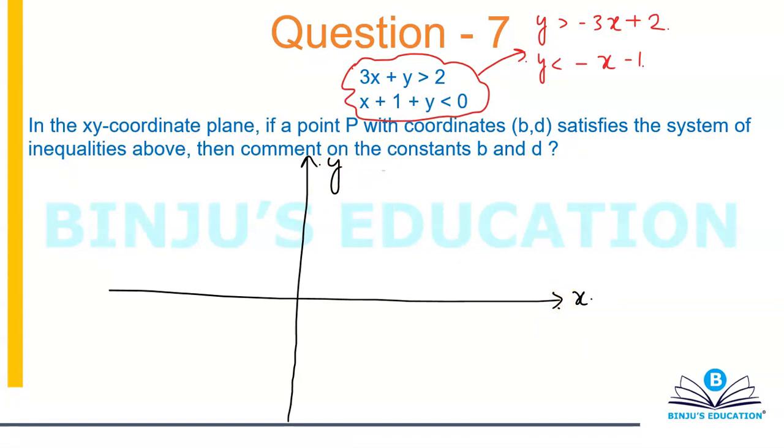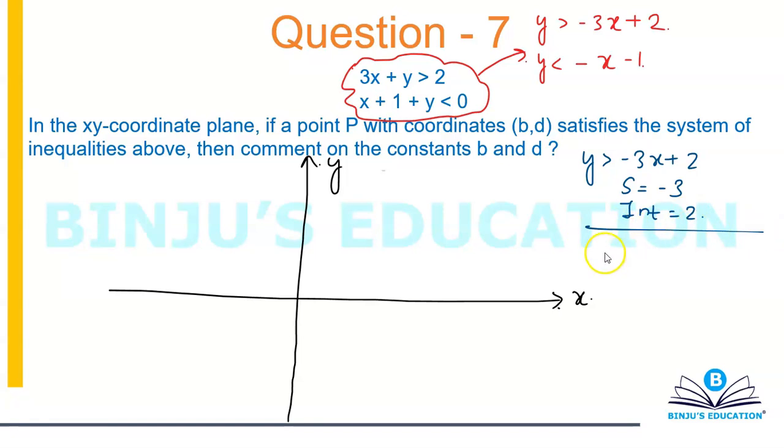Now let's decode both the inequalities from the perspective of slope and y-intercept. When I look at the first inequality, which says y is greater than minus 3x plus 2, I can say that I have a negative slope and a positive intercept, and here the slope is minus 3 and the intercept is 2.